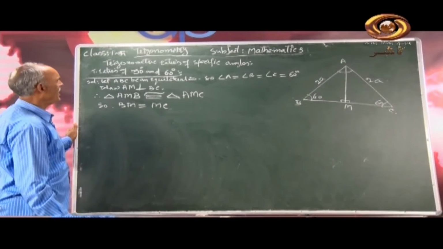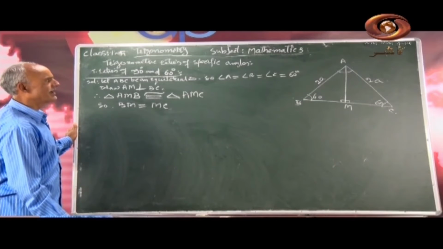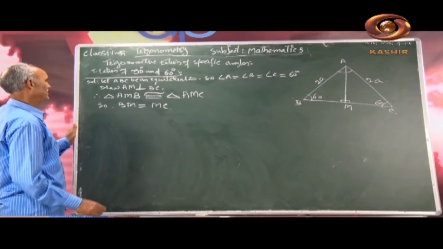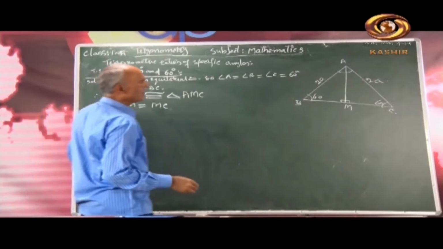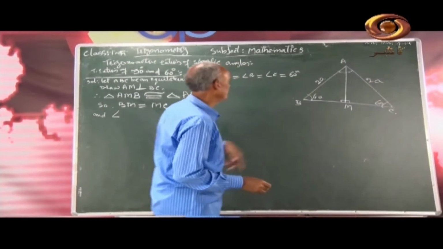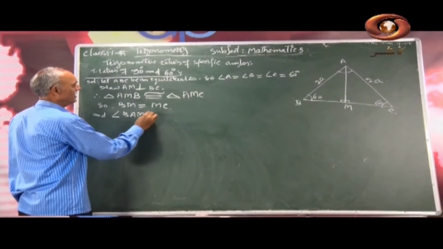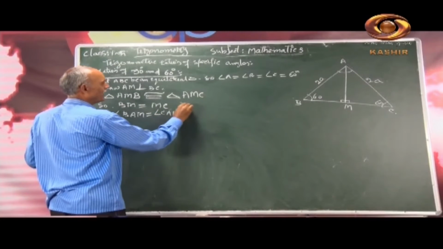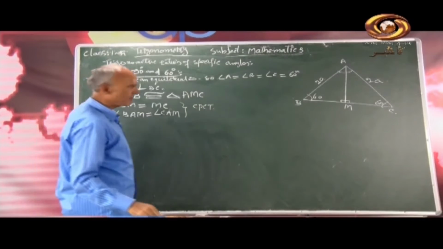That means in an equilateral triangle, if we drop a perpendicular from any vertex, that bisects the opposite side. And one more thing, angle BAM is equal to angle CAM. Angle BAM is equal to angle CAM. For both we write CPCT, corresponding parts of congruent triangles.